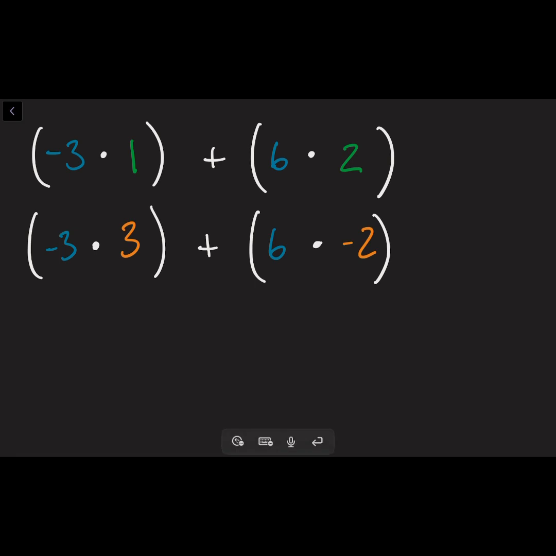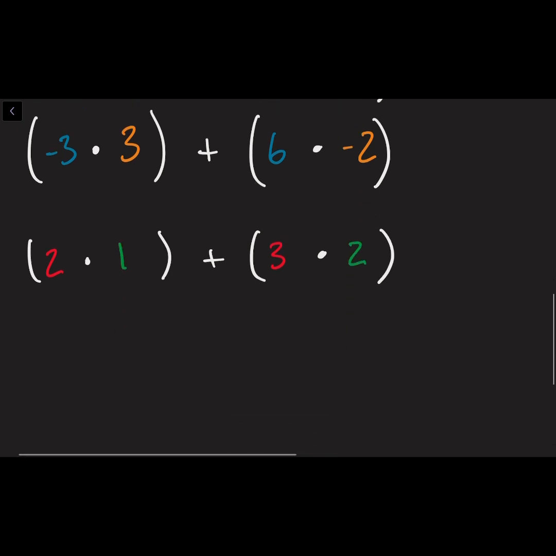So let's go ahead and slide down to our second row. Our second row, the numerals are 2 and 3. So we have 2 and we have 3. And do the same thing. It's gonna be multiplied by our first column. Our first column gives us 1 and 2. Then we have our second row again.